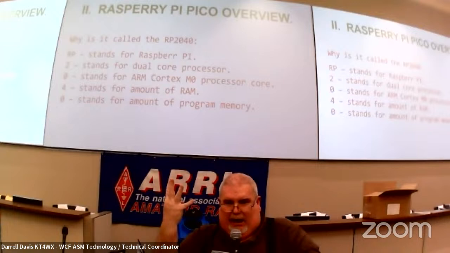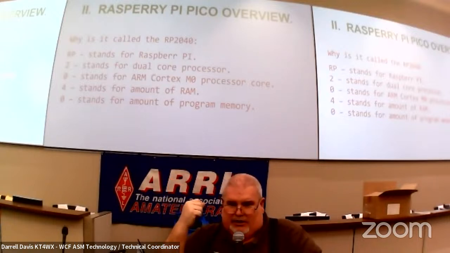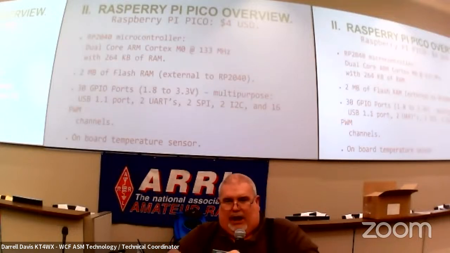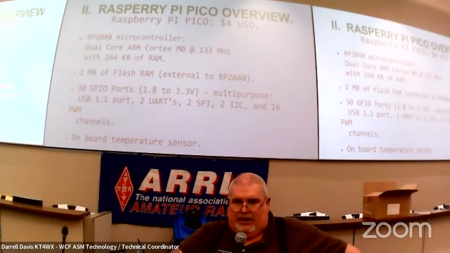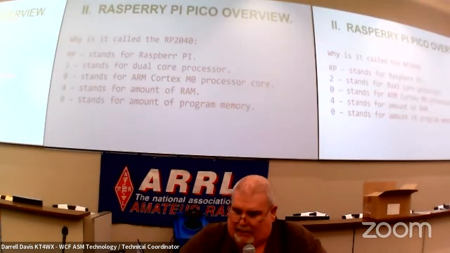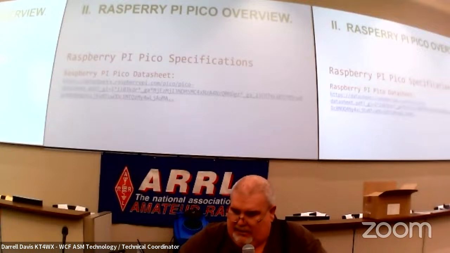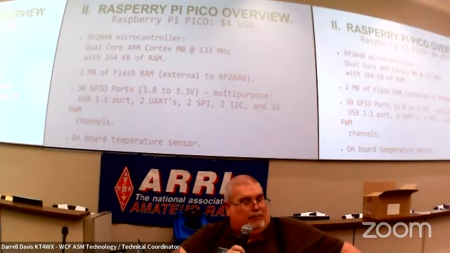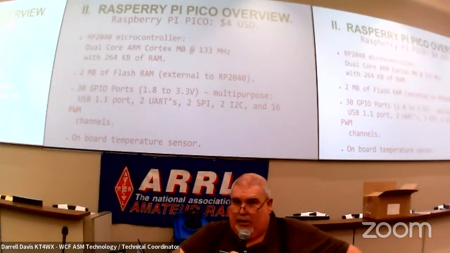The 4 stands for the amount of RAM, and the 0 stands for the amount of program memory. So the one drawback on the RP2040 microcontroller, it's got 264 kilobytes of RAM, but the chip itself has no onboard program memory, no onboard flash on the chip itself.